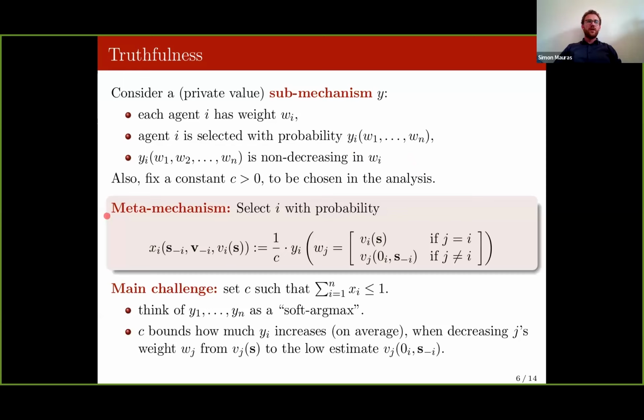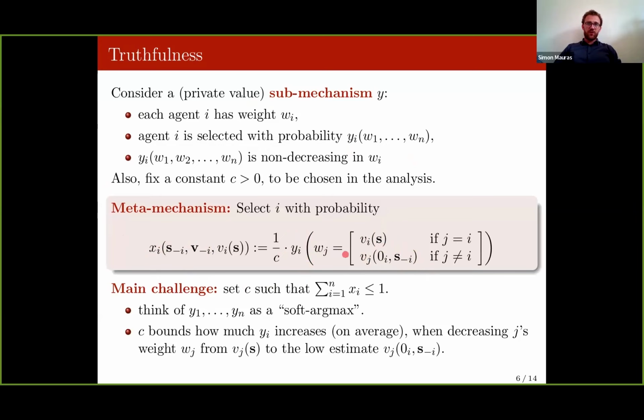And so what our meta mechanism is going to do, it's going to choose the probability of agent i to be running this sub-mechanism Y using an instance where you have agent i having their true value, but everyone else having low estimates or proxy values, which only depend on other people's reports and do not depend on i's report.